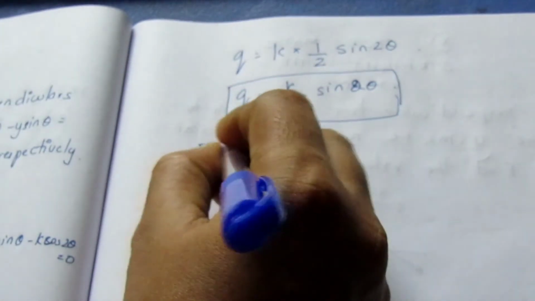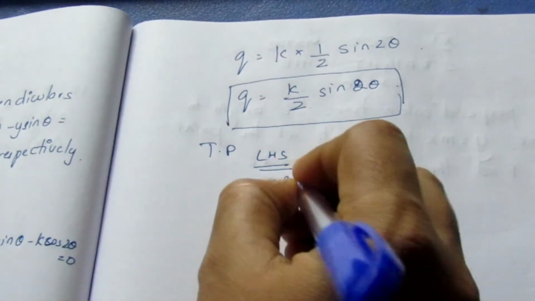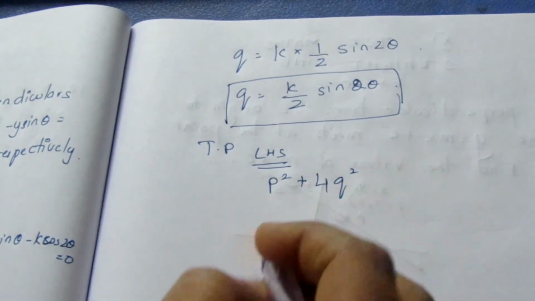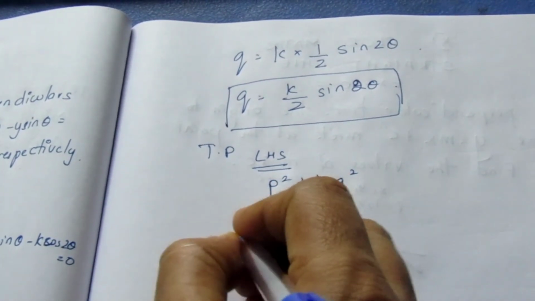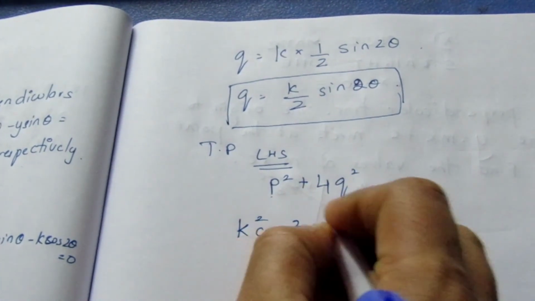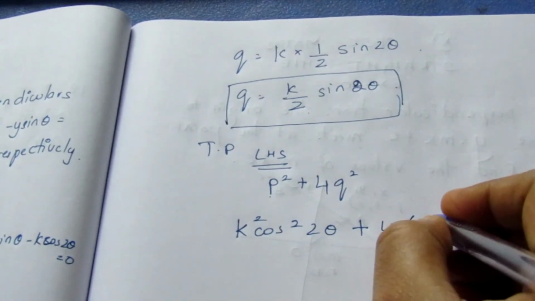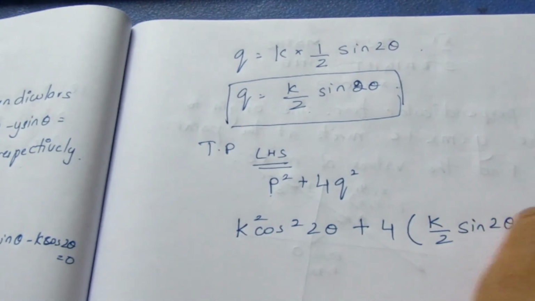To prove, I am taking the LHS, that is p square plus 4q square, and we need to prove this is equal to k square. Here p square, the value of p is k cos 2 theta, so k square cos square 2 theta, plus 4 into q square, q is k by 2 sin 2 theta the whole square.